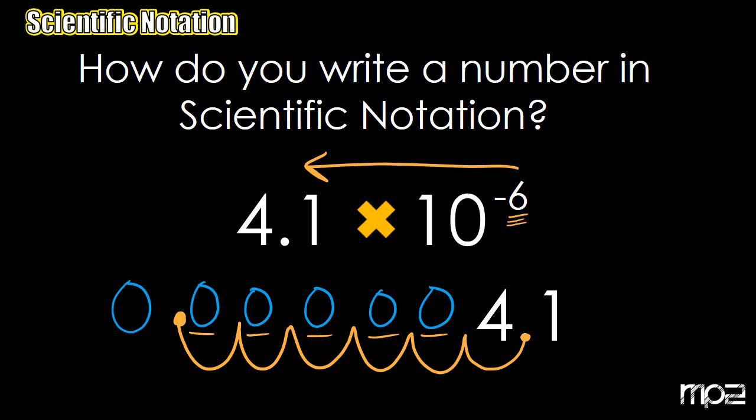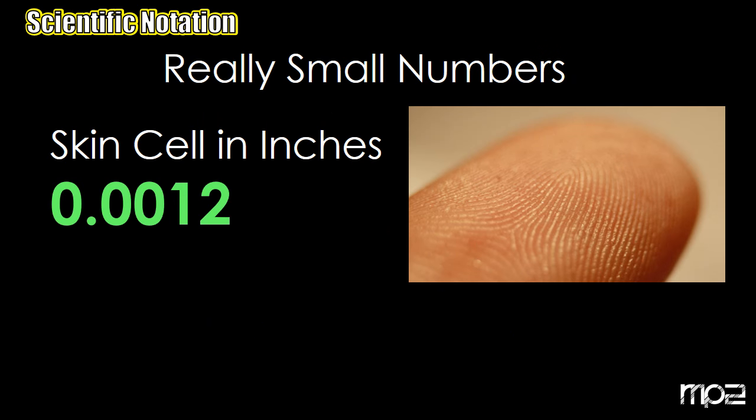So what number we have here is 0.00000041. And so what we have here is a really small number. What scientific notation does is it allows us to write that number in a way that might be easier to compare different numbers. Let's take a look at some real life examples.